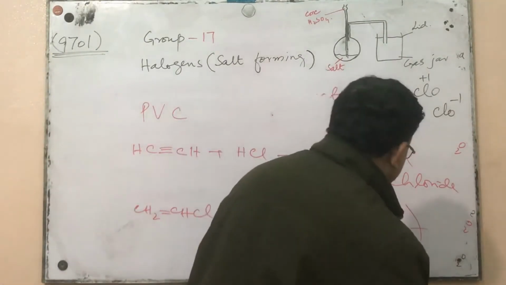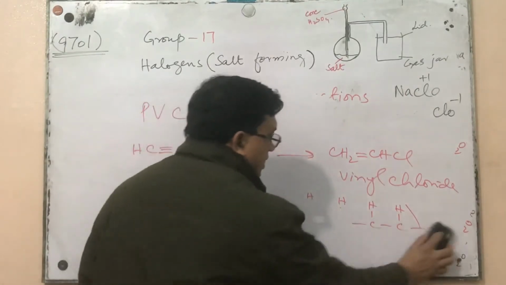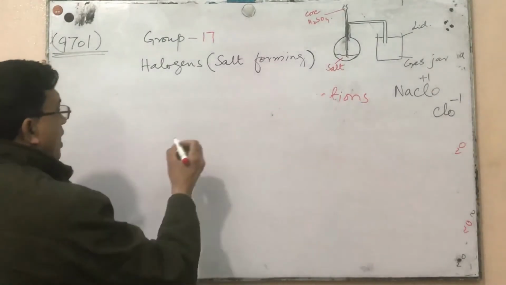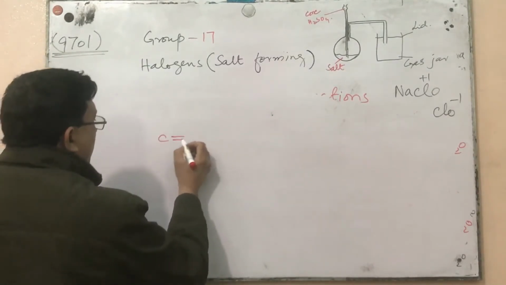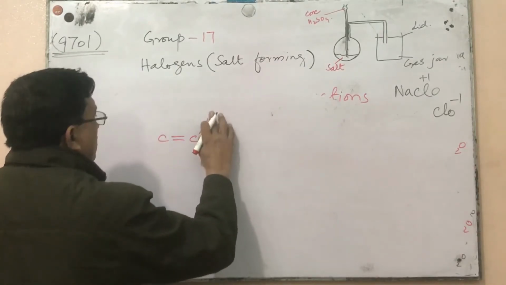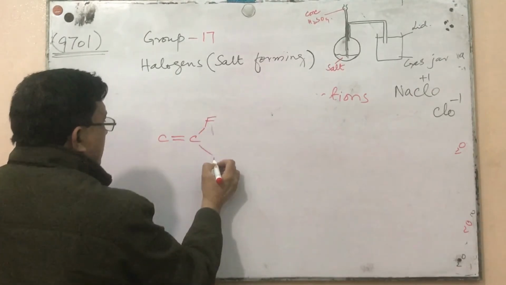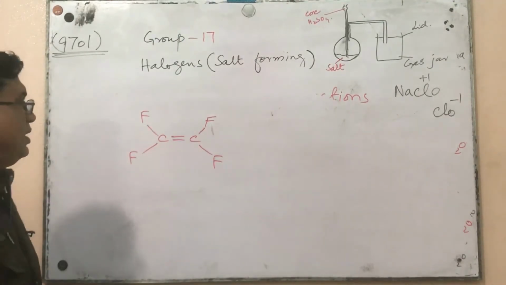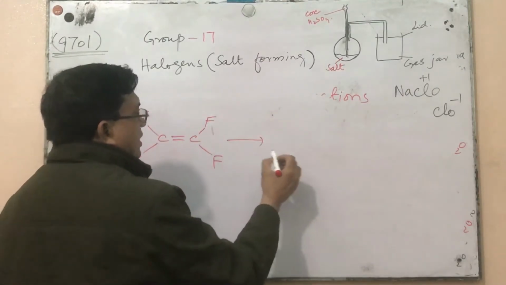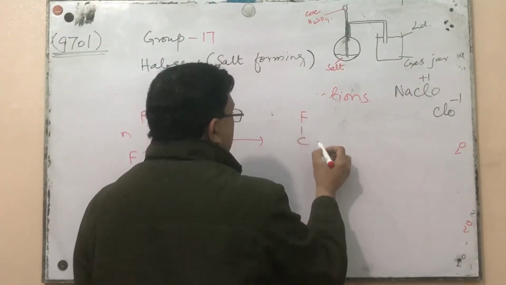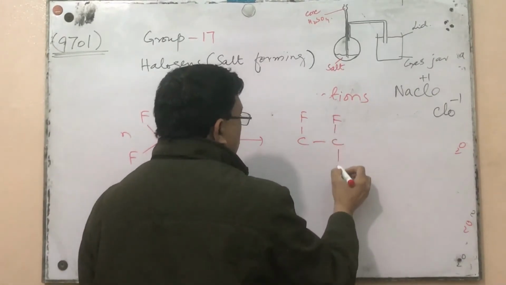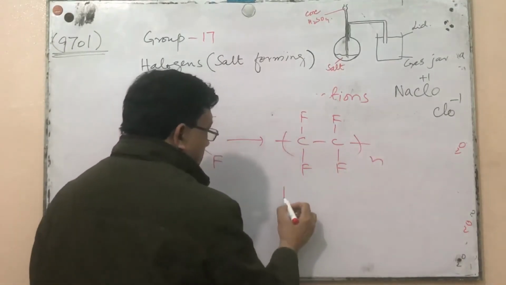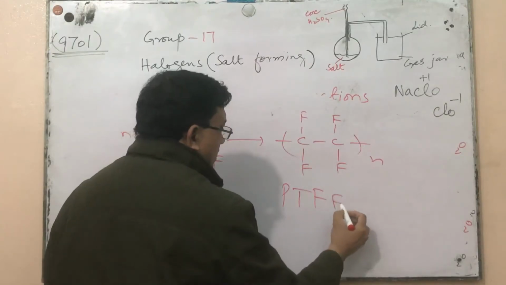Now halogen compounds are also used as general anesthetics, and we have already learned about a very renowned compound, polytetrafluoroethene, which is made from tetrafluoroethene. If this is polymerized, this will produce polytetrafluoroethene, which is abbreviated as PTFE.